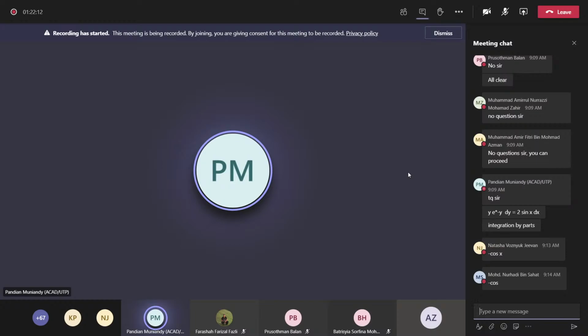So you can write y e power minus y plus e power minus y equals to 2 cos x plus constant d. So you can put all plus plus plus. So you have e power minus y in the bracket, y plus 1, I can write like this, 2 cos x plus d, for example.